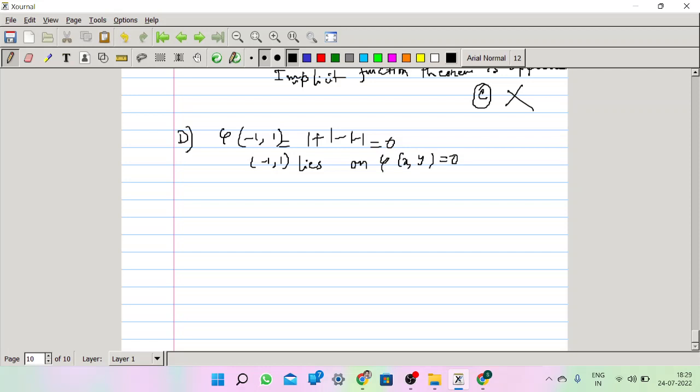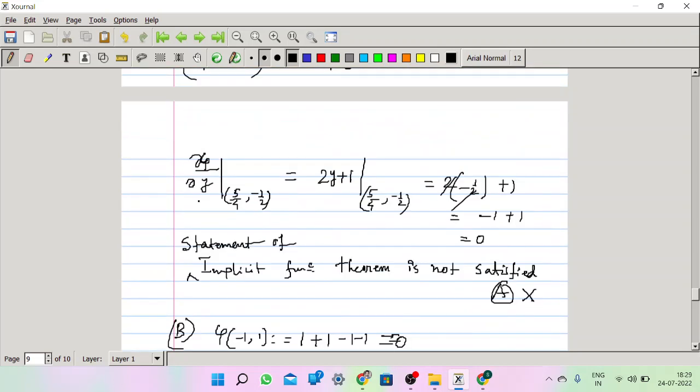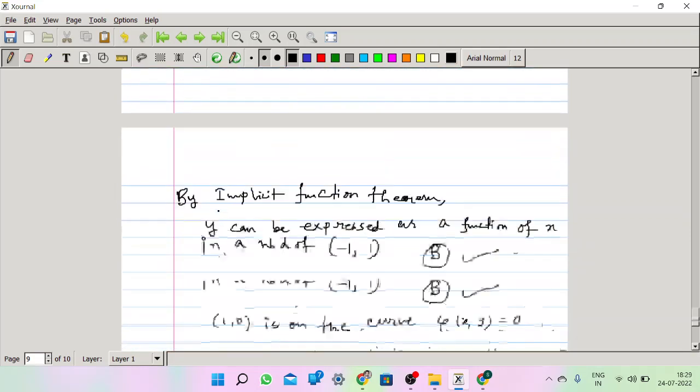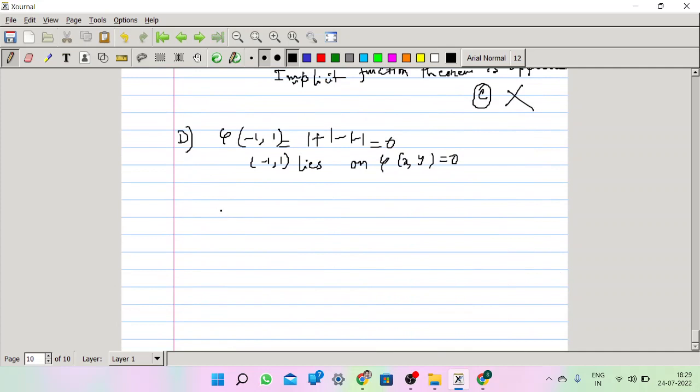Now I have to check whether x can be expressed as a function of y. So here I have to consider del phi upon del x, not del phi upon del y. Del phi upon del x at minus 1 comma 1 is 1, because phi is y square plus y plus x minus 1.